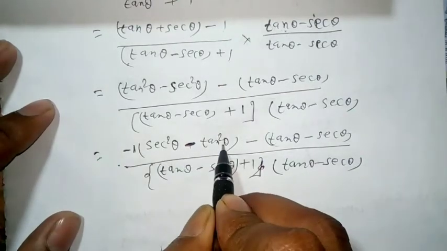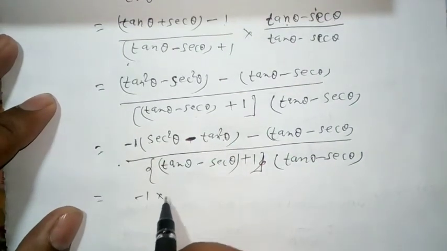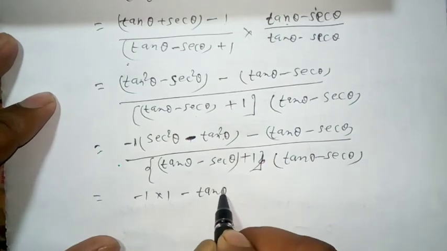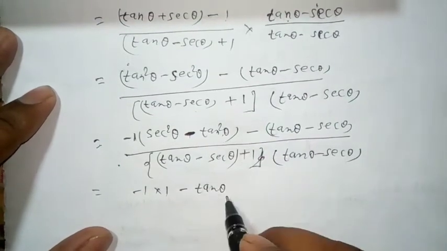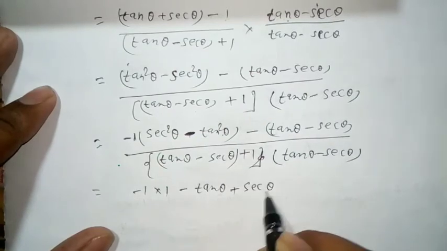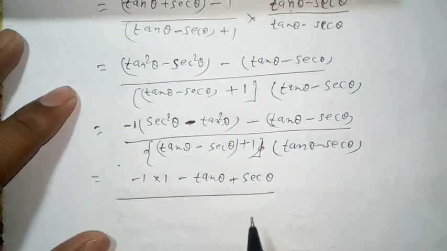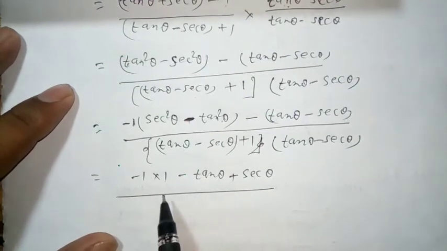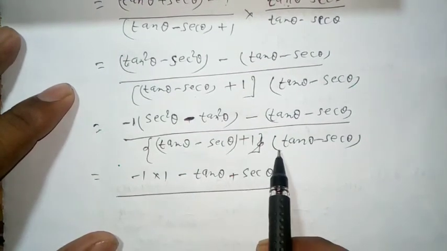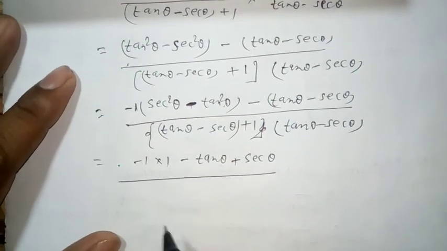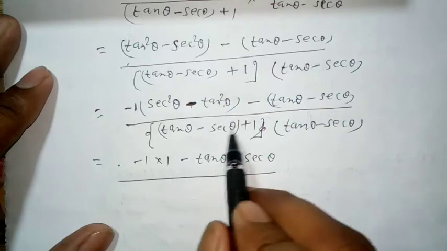Sec square theta minus tan square theta is equal to 1, so minus 1 into 1. Multiply minus into minus tan theta and minus minus plus sec theta by, again we take common minus 1 from this.